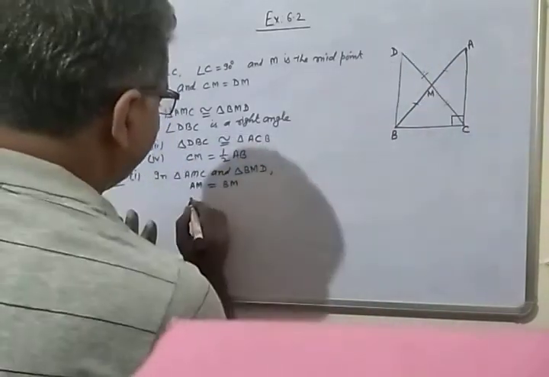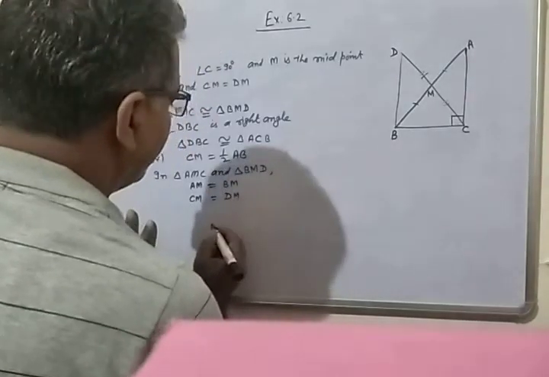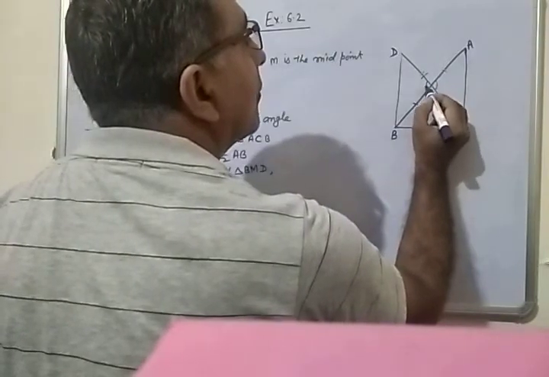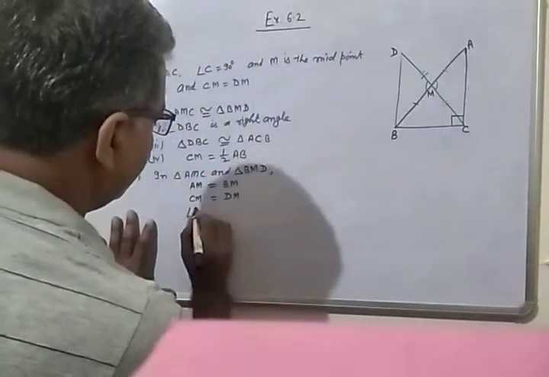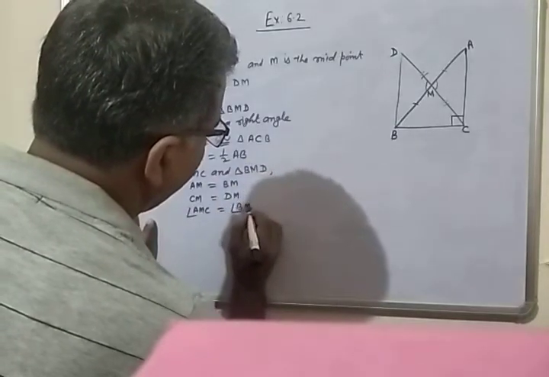CM equals DM. And this angle equals this angle. Angle AMC equals angle BMD.